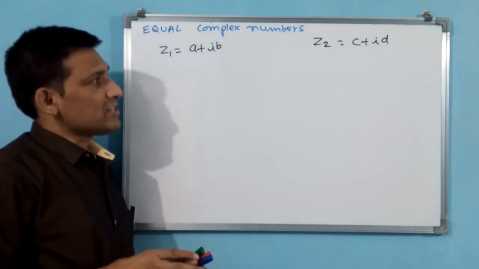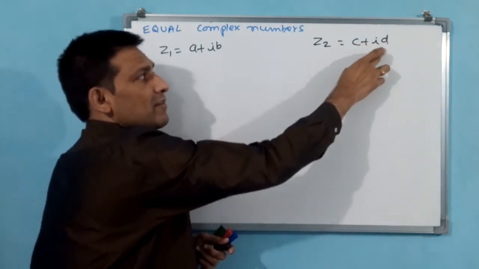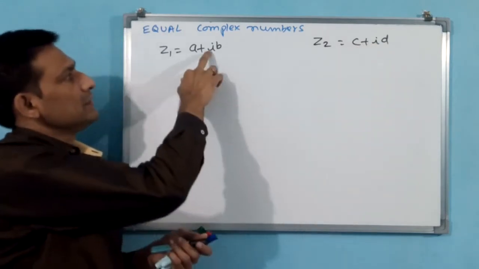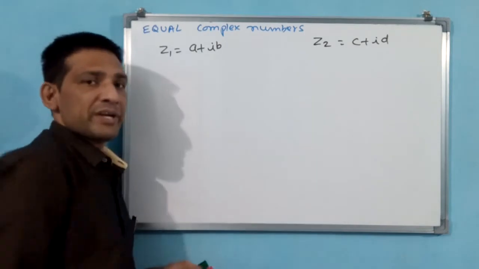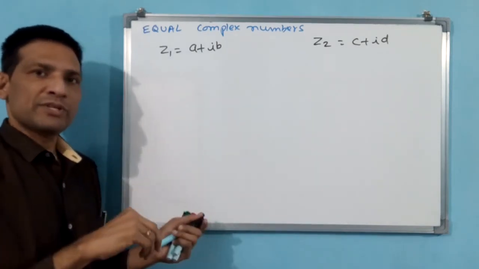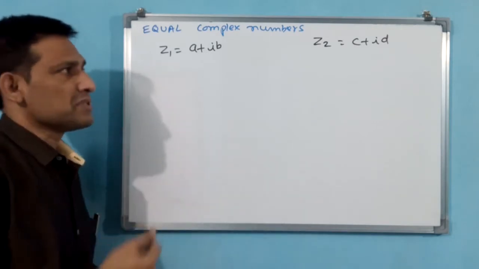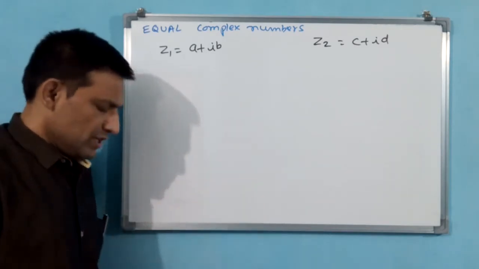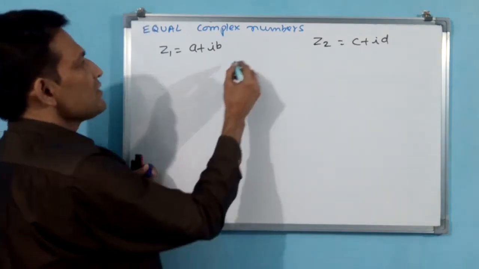See, this format is standard. D may be minus, then you can convert it to minus ID. B also may be negative. A also may be negative. C also may be negative. Both positive, or one negative and one positive, like that numbers may be there. Okay. Now you see, I want to say Z1 is equal to Z2.